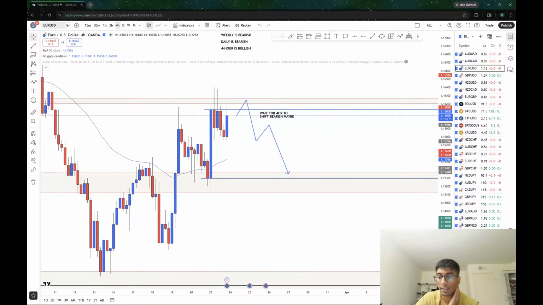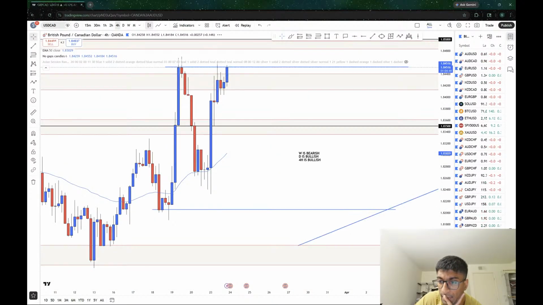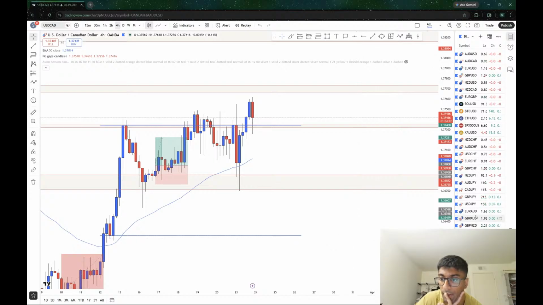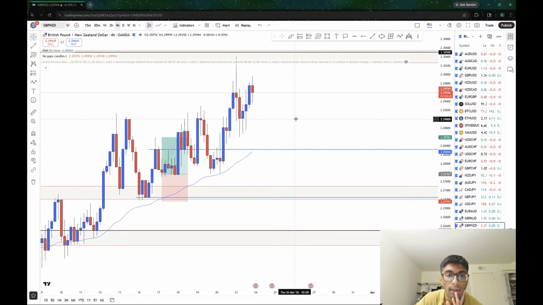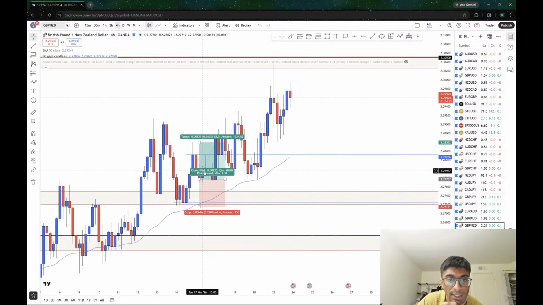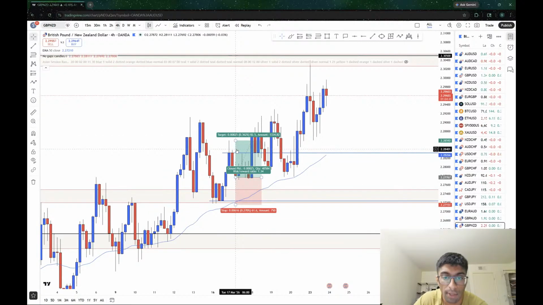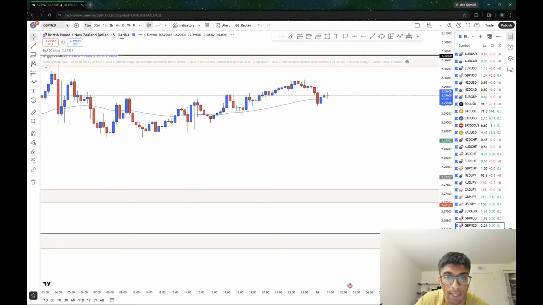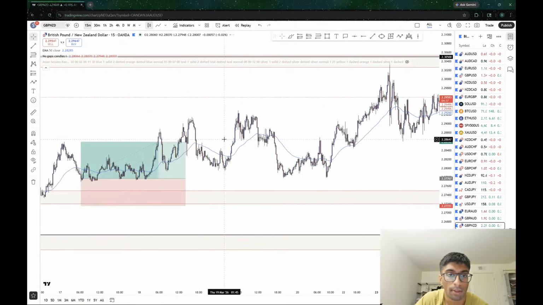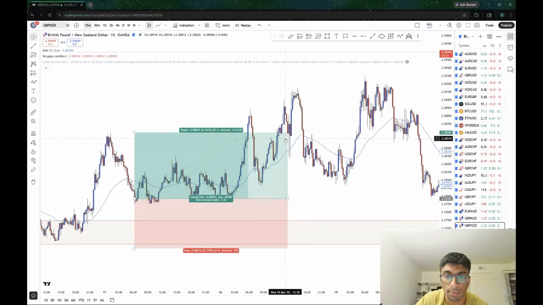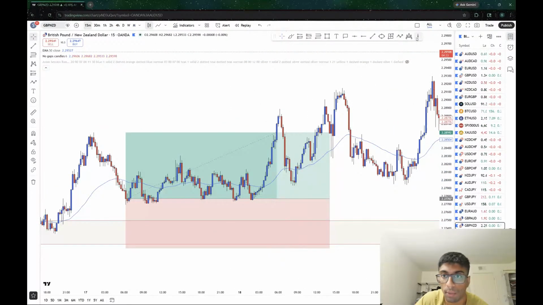And last week's pairs, I traded USD CAD and GBP NZD. So you guys can actually see I didn't close it out at a 1:2. I was expecting the structure to continue bullish. So what I did is I kept shifting my stop loss.